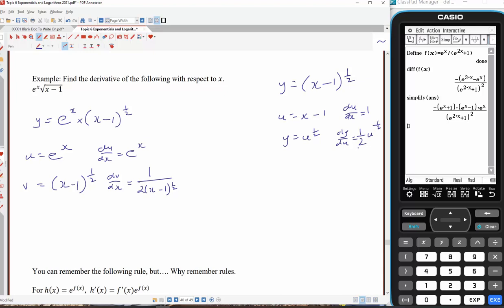That goes down into the denominator, gets multiplied by 1, u sub is x take 1. So there's our derivative. Okay, so dy dx equals u dv dx, so it's e to the x over 2 x take 1 to the half, plus v du dx, plus e to the x take 1 to the half.